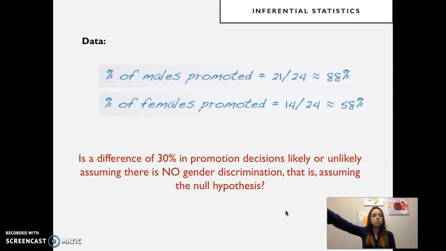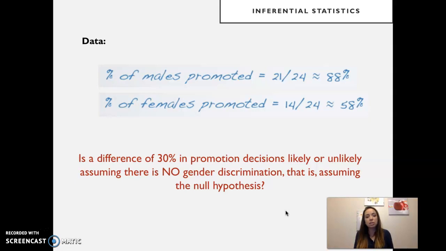Imagine in the real world, no gender discrimination, and I keep sampling managers. I'll probably not see 0% difference because the world is messy and there is variability. I don't expect to see the exact same decision rates. But if there is no gender discrimination, how likely would it be for me to see a difference that is as large as 30%? And that's what inferential statistics tells us.